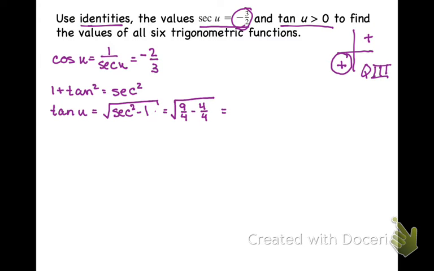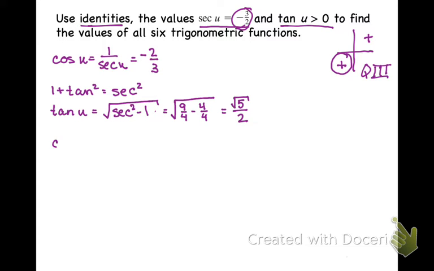So that'd be the square root of 5 over 4. And what's the square root of 4? 2. So the square root of 5 over 2. Okay, so now that we have tangent, what can we find? Cotangent, because it's a reciprocal, right?